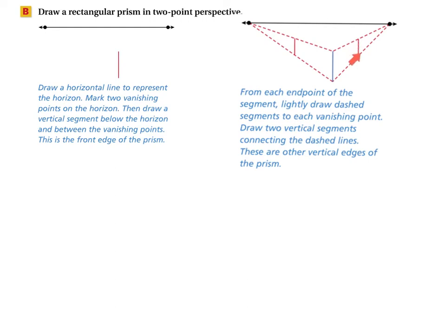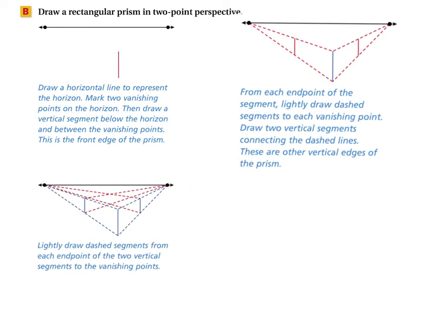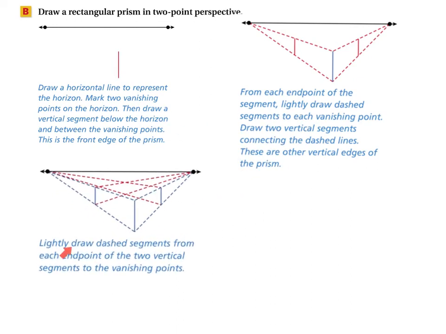These segments represent other vertical edges of the prism. The third step is going to be lightly drawing dashed segments. This is going to get a little confusing. Lightly draw dashed segments from each vanishing point to the vertical segments.